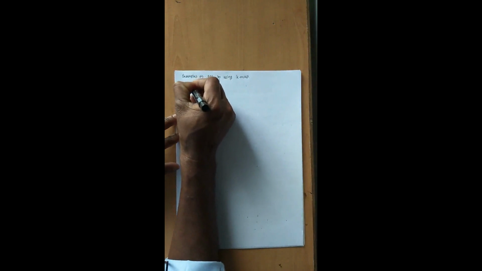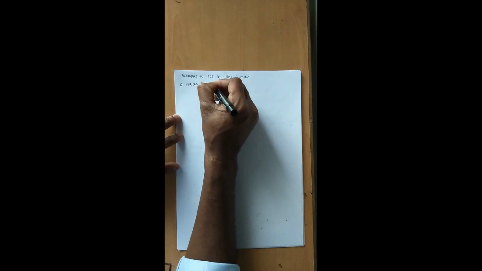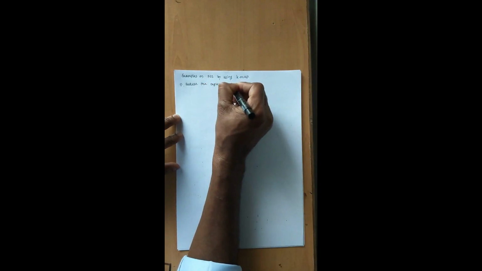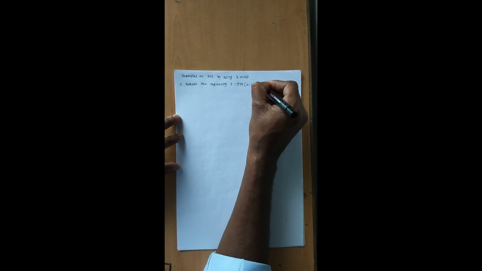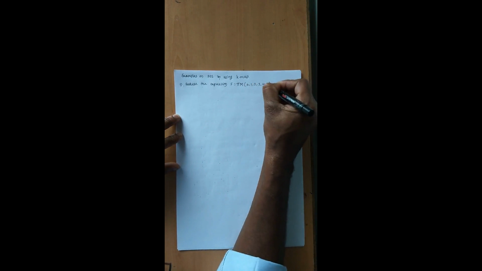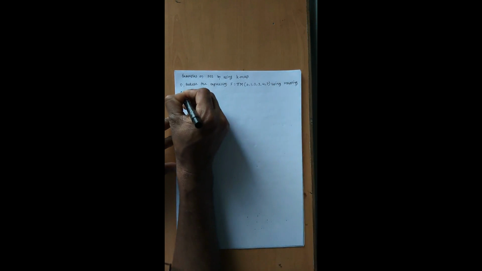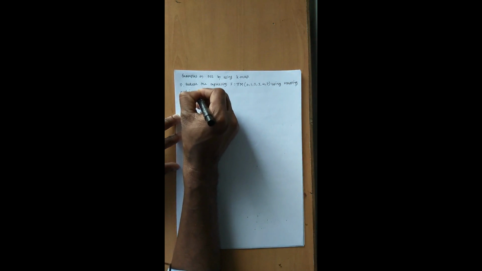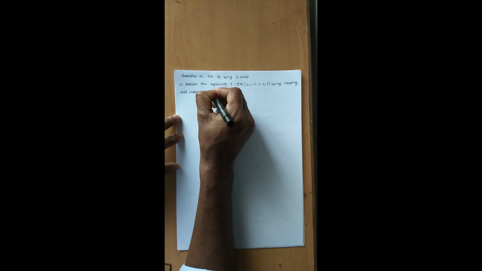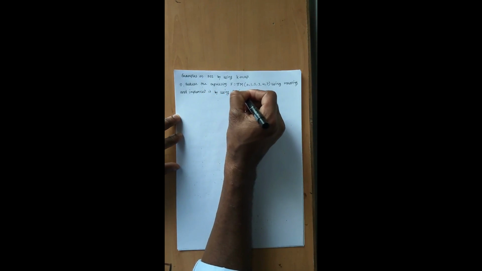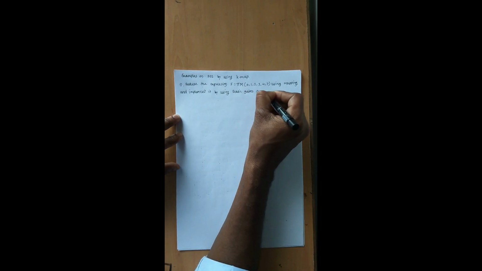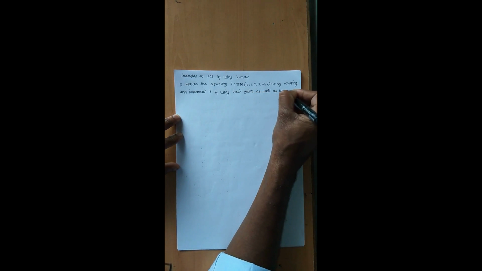The problem statement is reduce the expression f is equal to pi of m 0 1 2 3 4 7 using mapping and implement it by using basic gates as well as universal gate.